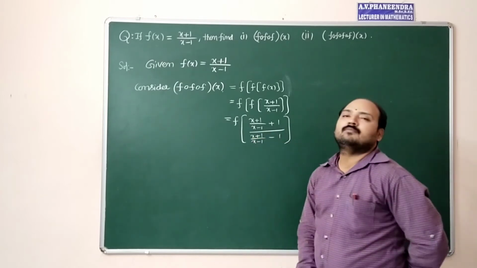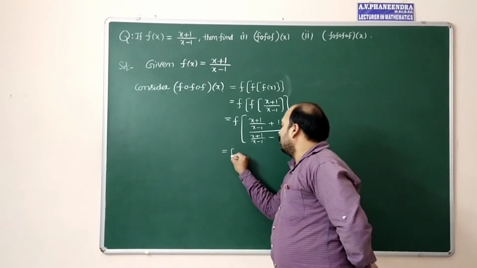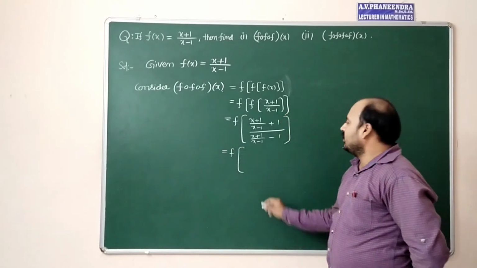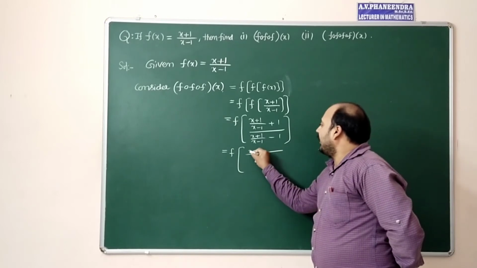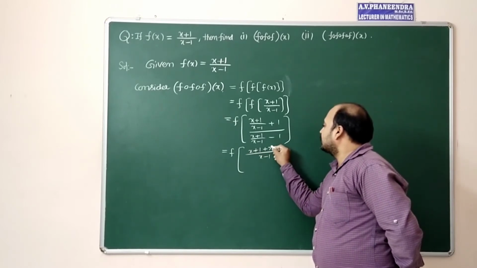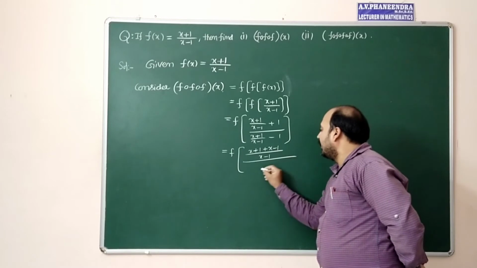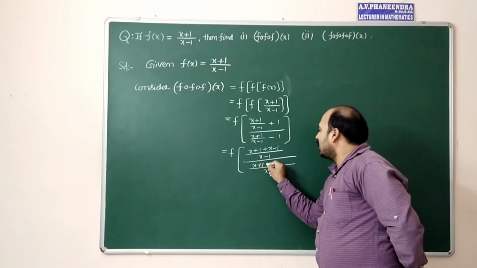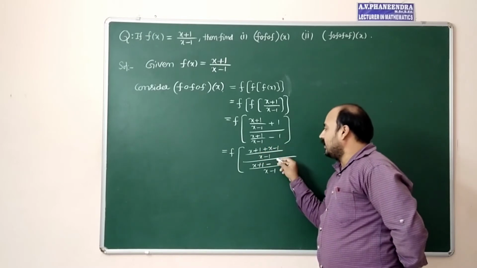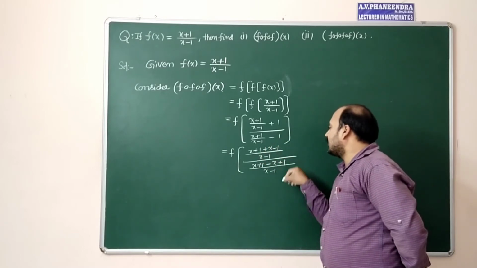minus 1, which is equal to f of, take LCM for the numerator, x minus 1, x plus 1 plus x minus 1 divided by x minus 1, x plus 1 minus of x plus 1, x minus 1, minus x plus 1.